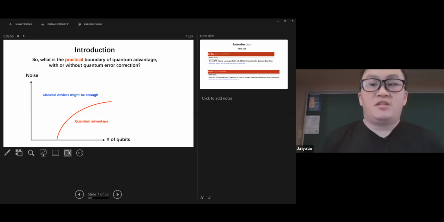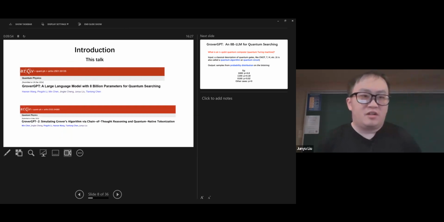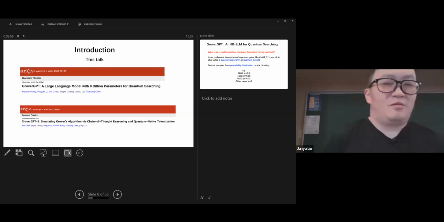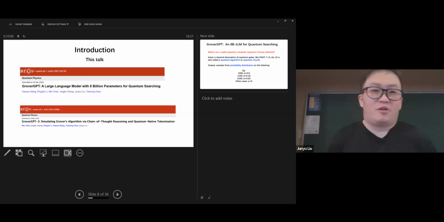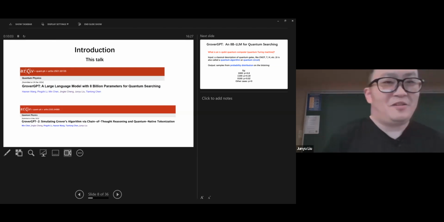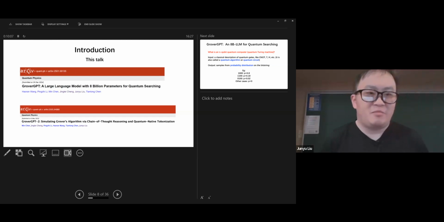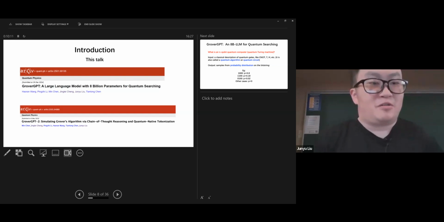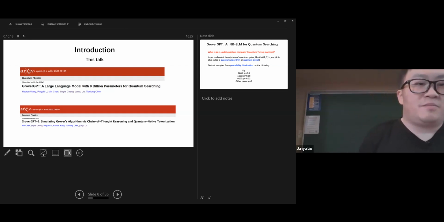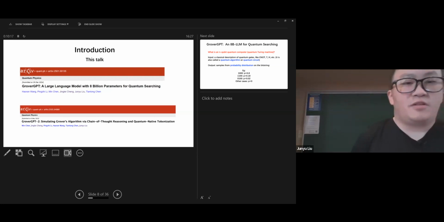So in this talk, I will primarily try to illustrate another method. I have heard already many talks about tensor networks, which is fascinating. In this talk, I'm going to talk about a little different method, which is trying to use large language models. So we start from training some large language models that can perform some basic function of simulating quantum circuits.